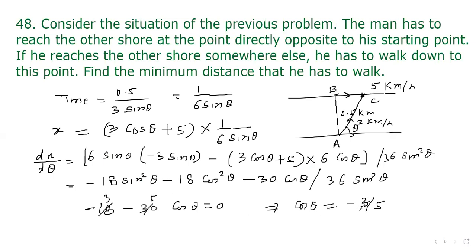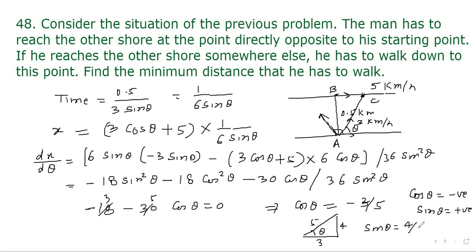Since cos theta is negative, it means this is an obtuse angle. So the direction should be somewhere like this. This is the angle from this point. Now, for an obtuse angle, cos theta is negative, but sin theta will be positive. So we draw a triangle. We write here 3, 5. So this will be 4. This is theta. So sin theta will be 4 upon 5.